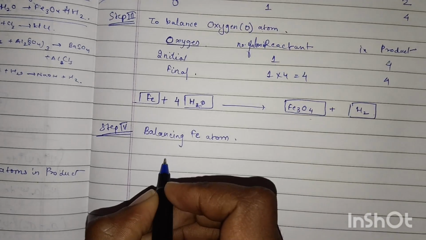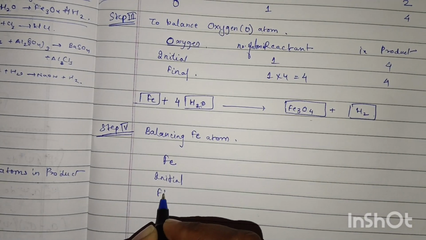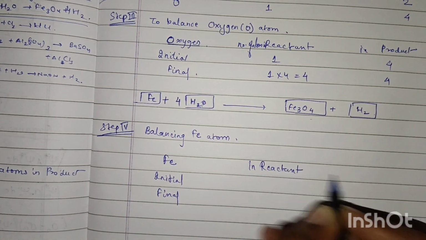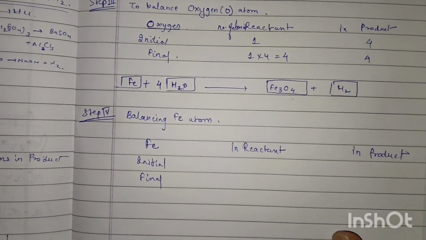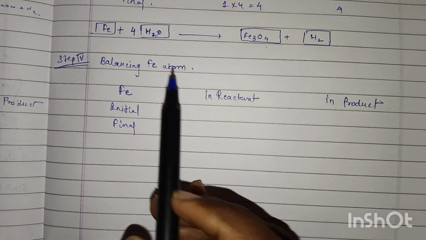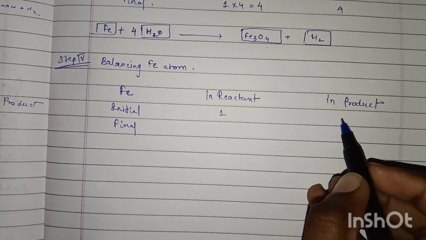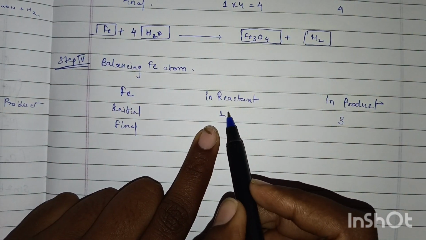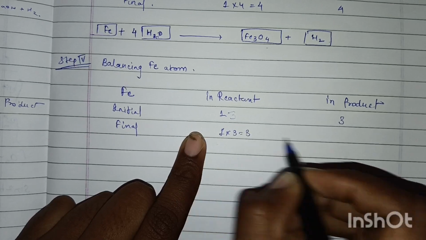Initially in reactant iron has 1 and in product it has 3, so we just have to multiply by 3 so that we get 3 here. 1 into 3 is equal to 3, and here it is 3.